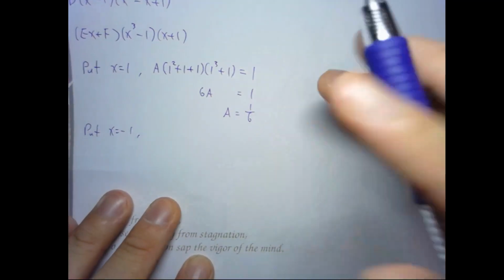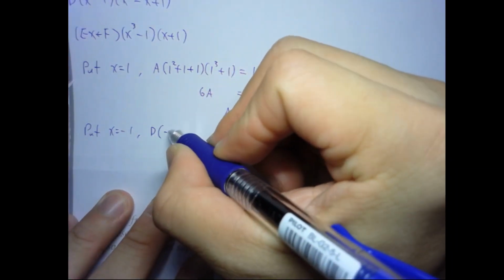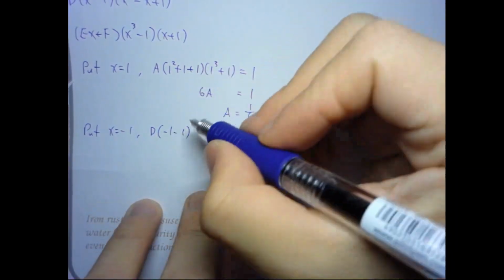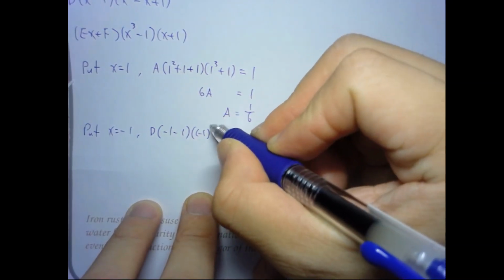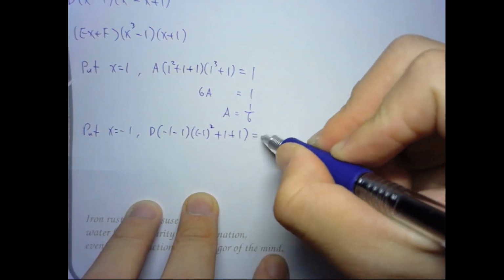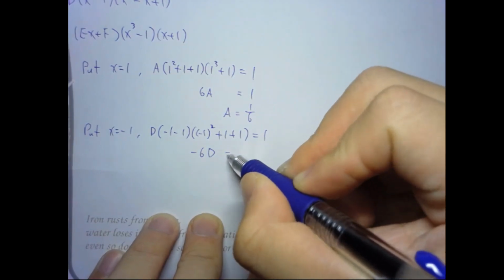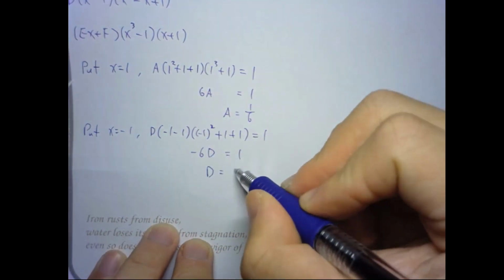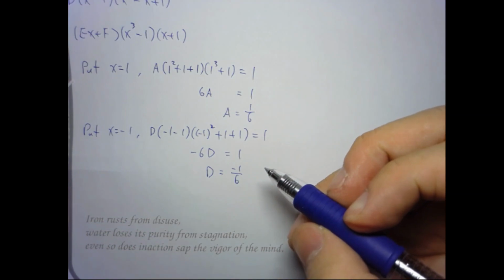So we can solve for d. d multiplied by minus 1, and then minus 1 whole squared plus 1 is equal to 1. So negative 6d is equal to 1. So d is equal to negative 1 over 6. So now we can solve 2 unknowns already.